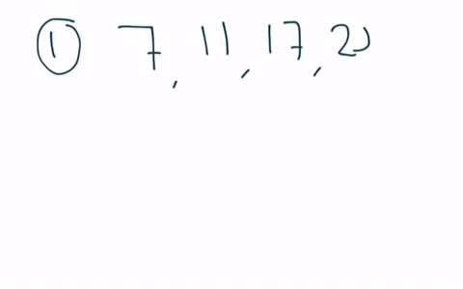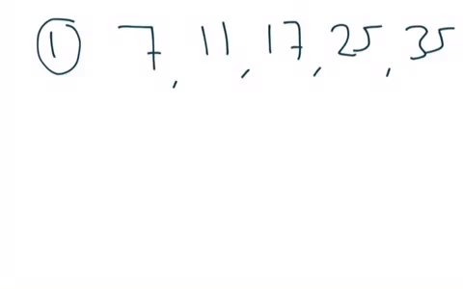So number one, if we have a sequence 7, 11, 17, 25, 35. At this stage, we don't know whether this sequence is linear or quadratic. So what we do is we look to see whether there's a common difference.